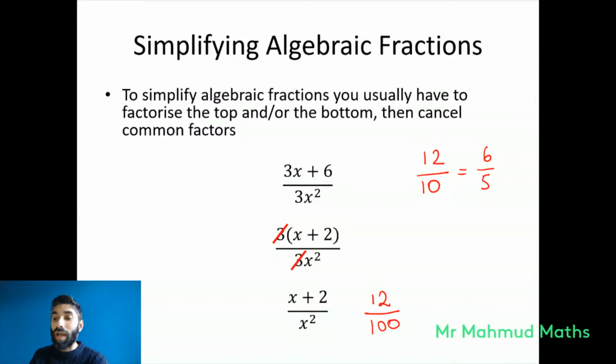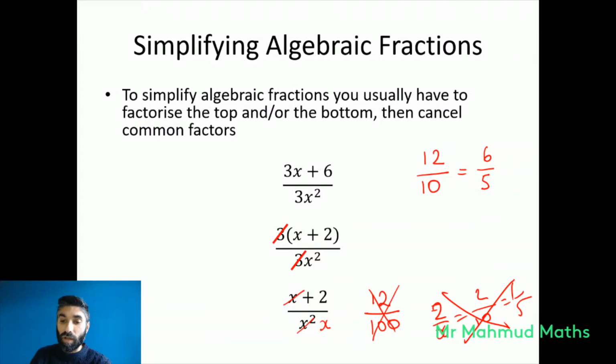Now, these two x terms are not the same. Therefore, we cannot just cancel them out. If I were to cancel them out, leaving just 2 over x, then with x being 10, that's 2 over 10, which is 1 over 5, and that is not the same. So we cannot cancel them out.